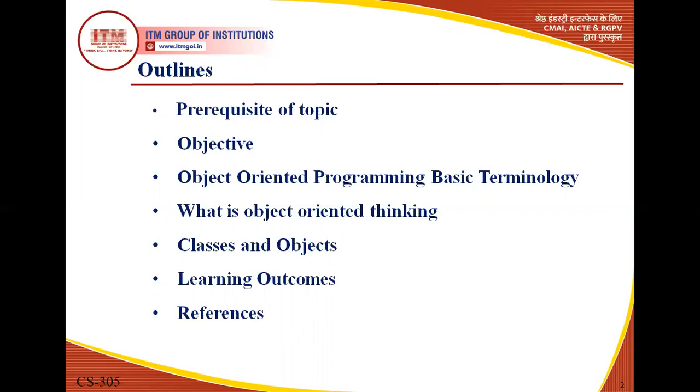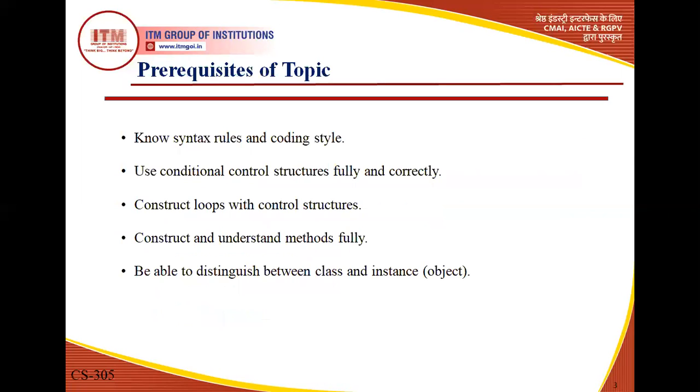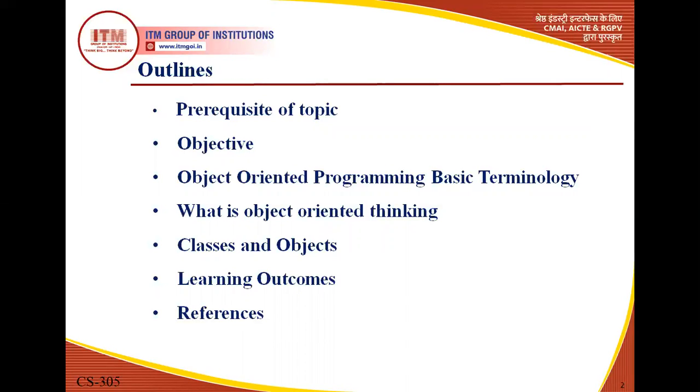The first is some prerequisites of the topic. Second, we'll discuss the objective, that is, the aim and objective of this topic. Next, we'll consider a topic named object-oriented programming basic terminology, it means what are those basic terminologies on which we'll discuss.